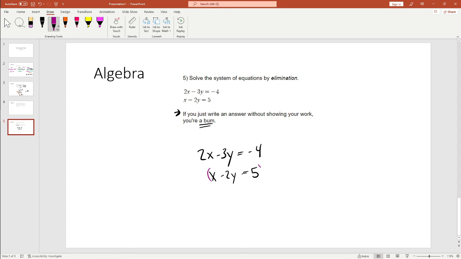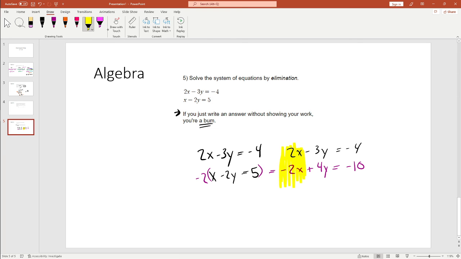If I multiply this entire second expression by, we'll say, -2, then I can get a new expression, -2x plus 4y equals -2 times this, what is that, -10? So now, if I rewrite the second equation on top of it, you'll see right here, those are inverses.